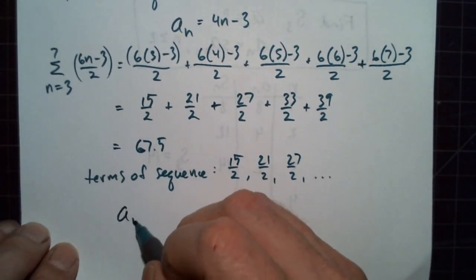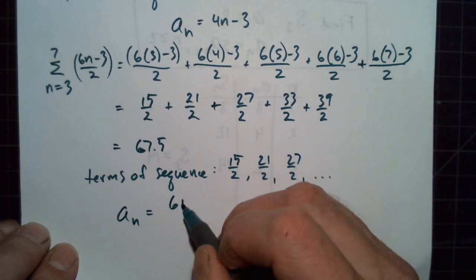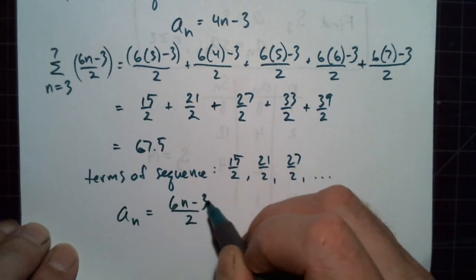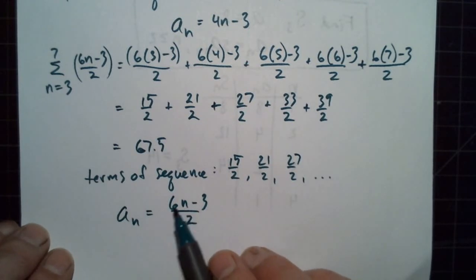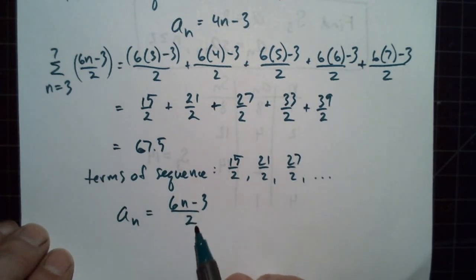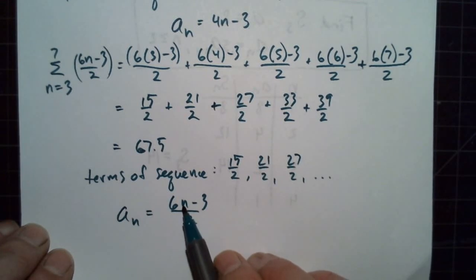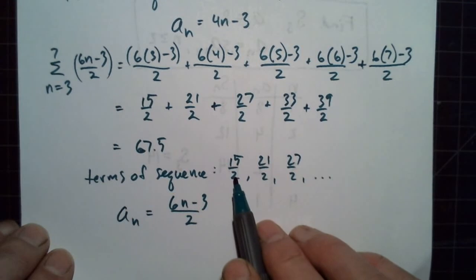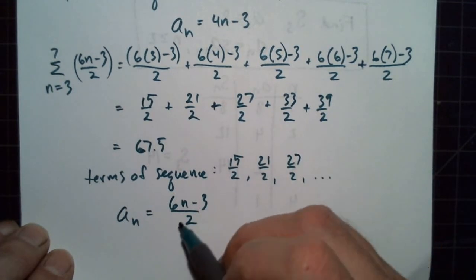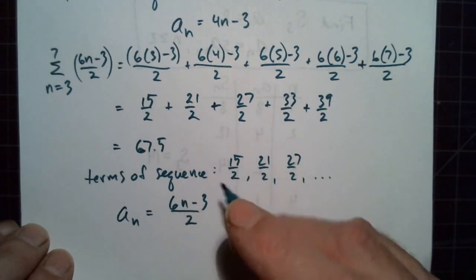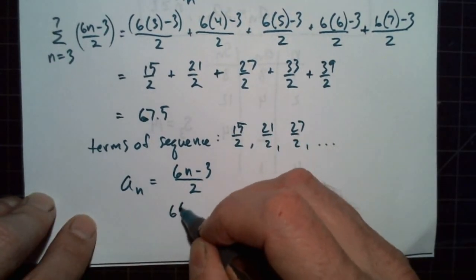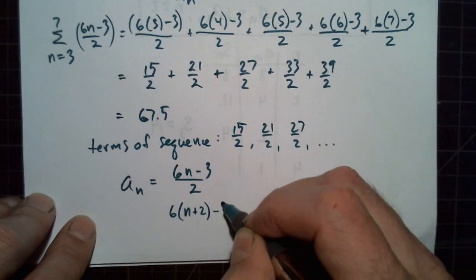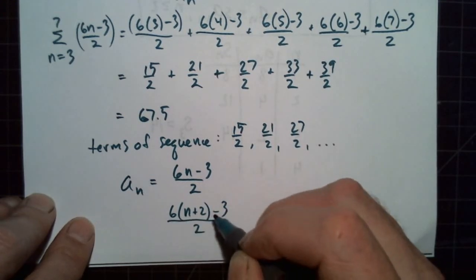We can say that the sequence is, as a start, going to be wrong, because if I say the sequence is 6n minus 3, that would mean we start with a 1. So we're not starting with a 1, and if we want to generate this as the first term, then we would change the n to n plus 2: 6 times n plus 2, minus 3, over 2.